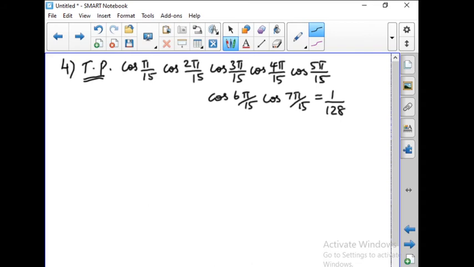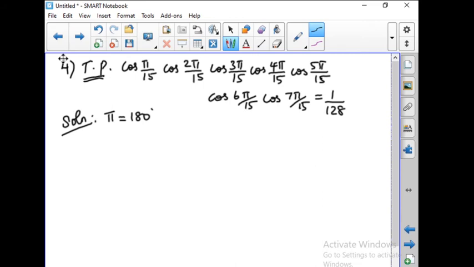So first let us take in the solution pi is equal to 180 degree. When you are taking pi is equal to 180 degree and dividing by 15, pi by 15, that is 180 by 15, it is cos 12.